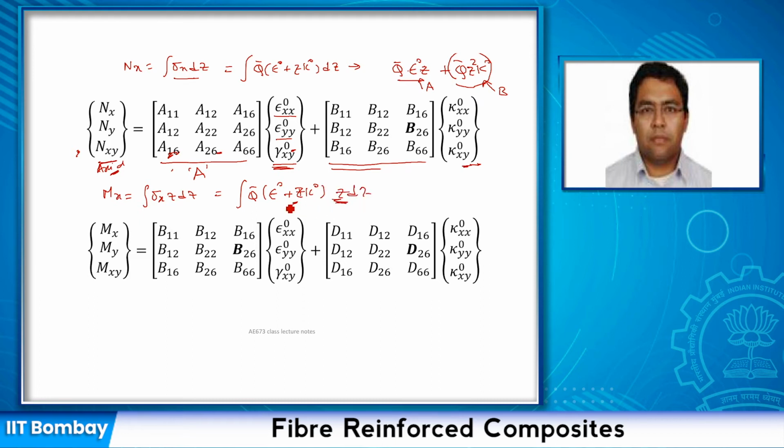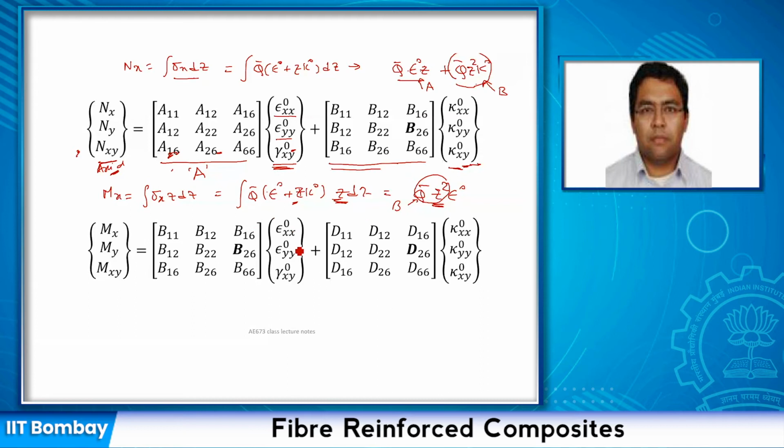Now this z is already present, so it multiplies to epsilon 0 in the integral, and when I integrate it out, I will end up with some q bar z square term, which is the same as the B matrix here, but there it was multiplying the kappa variable in the top, and now it will multiply the epsilon 0 variable. So I get a B matrix which is the same as this B.